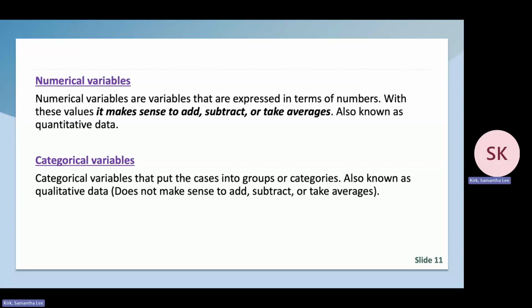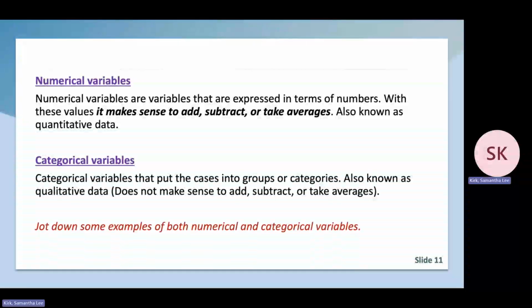This is also known as qualitative data, and it doesn't make sense to add, subtract, or take averages. Now, it might be a little confusing, but there can be categorical variables that have numbers in them. It's just that you can't add, subtract, or take averages, and we'll see an example in a little bit.